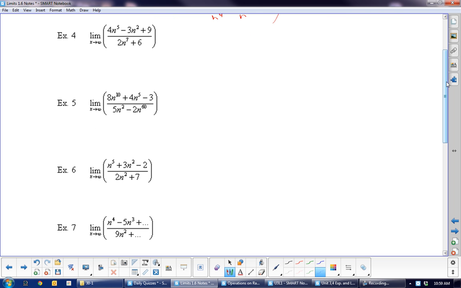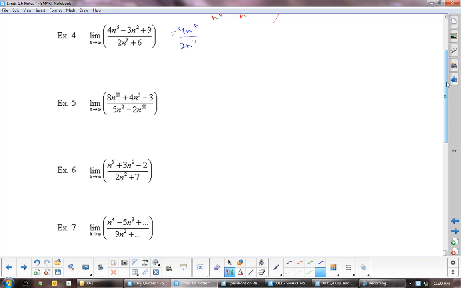Now, by the thinking that I just gave, what would you think? Instead of doing all this work, because we could divide everybody by n to the 7, that will work. But a quicker way to do it is take your largest terms, which would be 4n to the 5 over 2n to the 7. What would you expect this to equal?